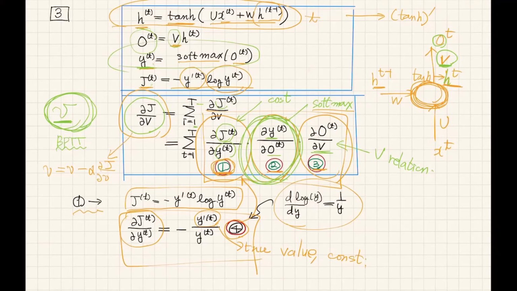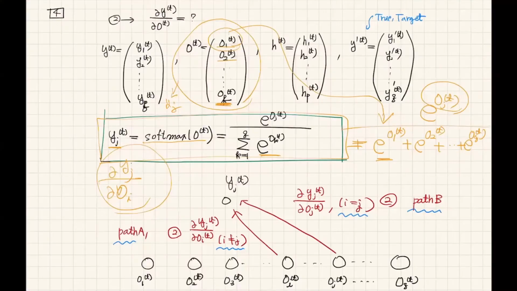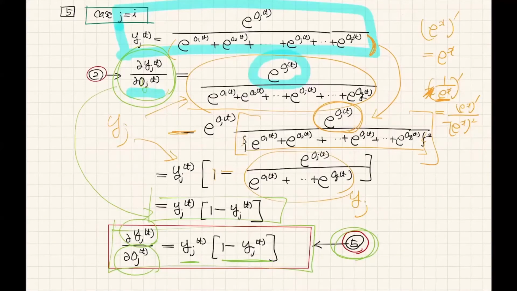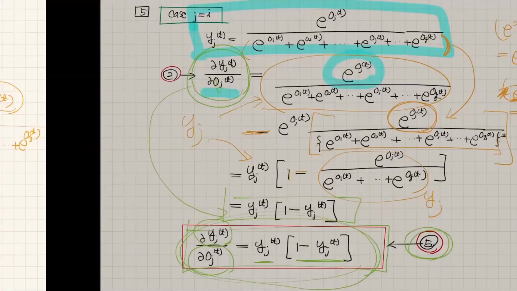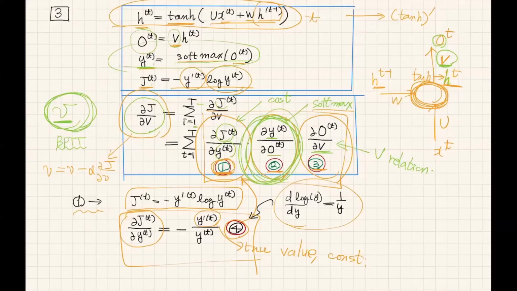For simplicity of analysis, I'm not going to give you all the vector indexes j and i. I'm going to make it a little bit simple today. And by applying the derivative of softmax, what I found is that it is Yj(1 minus Yj). So we're going to plug this equation 5 into equation number 2.